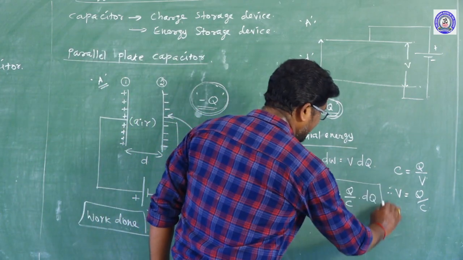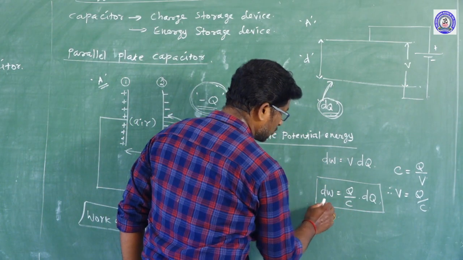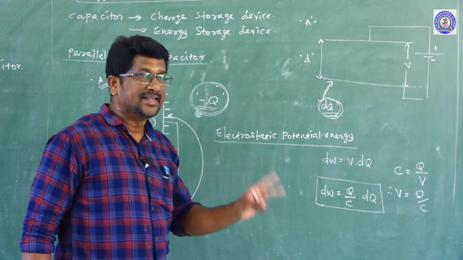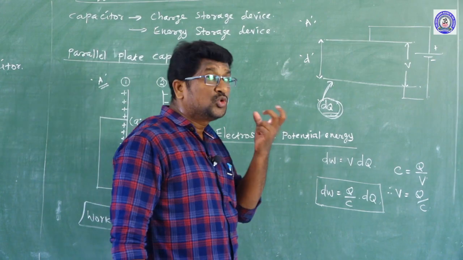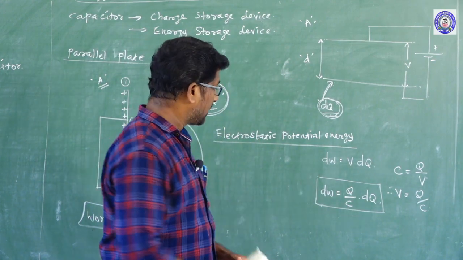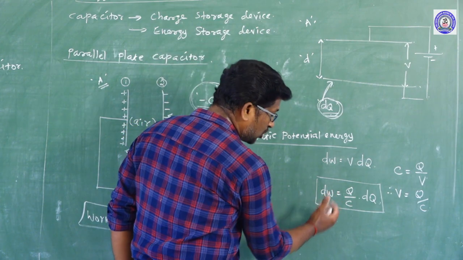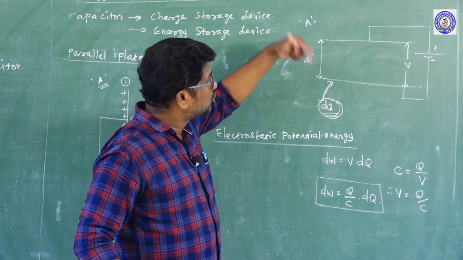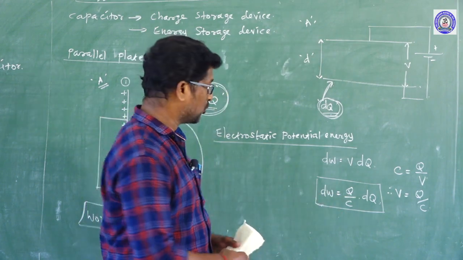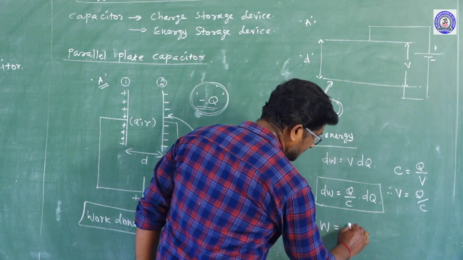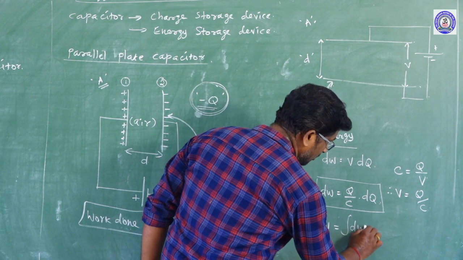So, this equation gives a small amount of work done to store a small amount of charge, that is dQ. So, what is the total work done to store the total charge Q? Simple, by integrating this small amount of work done, we can get the total amount of work done to store the total charge Q. Total work done is denoted by W, given by integration of dW.